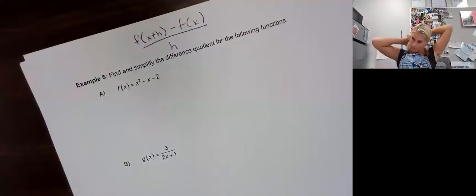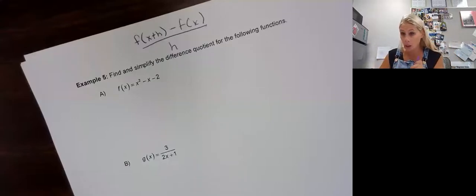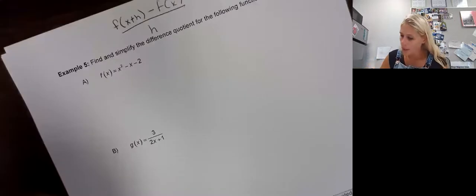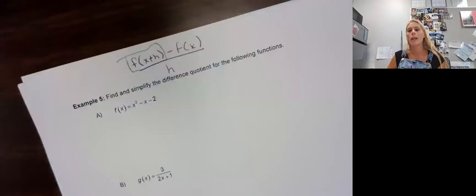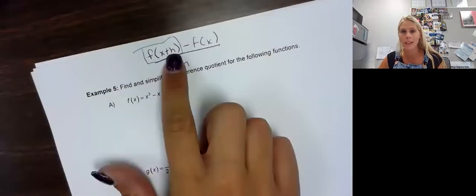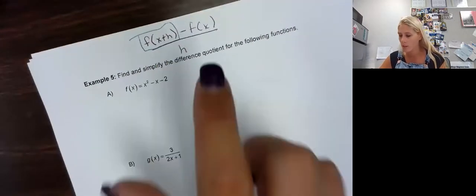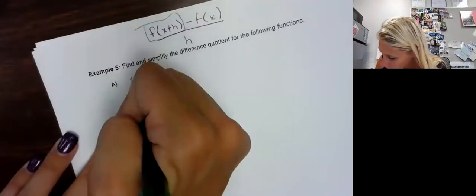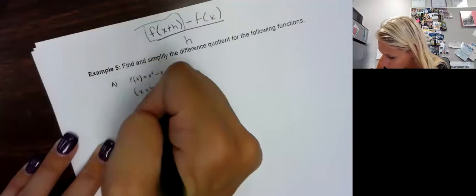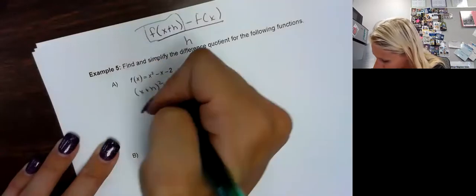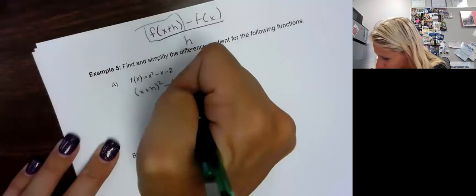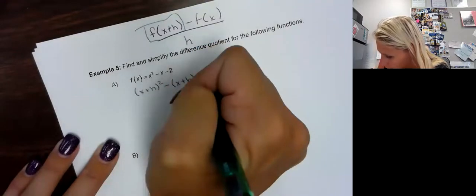All right, I am going to do this in colors so you can see, okay? So if I start with f of x plus h, what I'm doing is I'm substituting x plus h in for every x I see. So I would have (x plus h) squared minus (x plus h) minus 2.